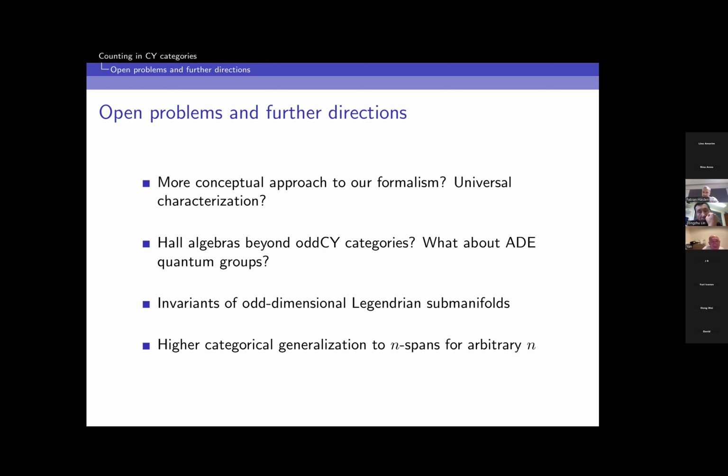I would say it's a clever generalization of Toën's formula, but we deal with constructible families. But the algebra is still, as a vector space, based on the isomorphism classes?